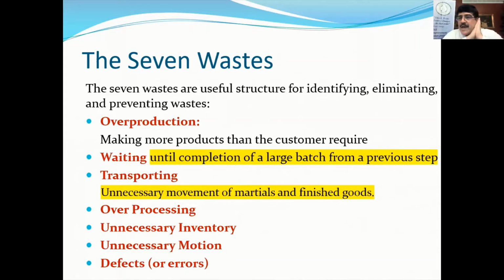You're waiting for somebody else in the previous step to give you his product to be able to process it. This is a lot of waste, and you see it in almost any process. You see somebody idle, and you ask, "Why are you idle?" He's just waiting for someone to finish.